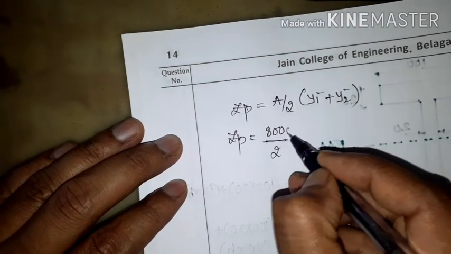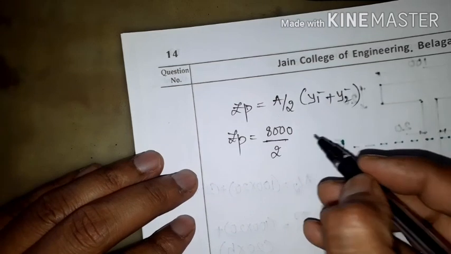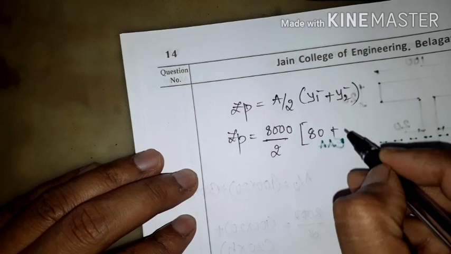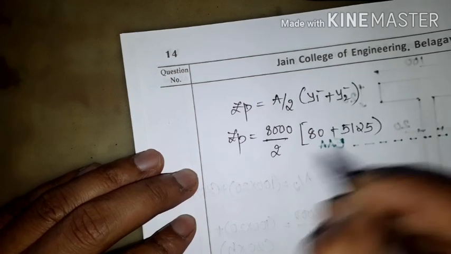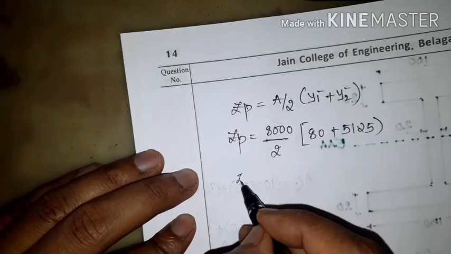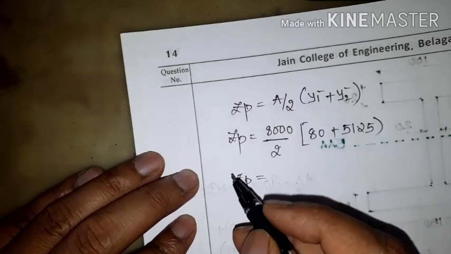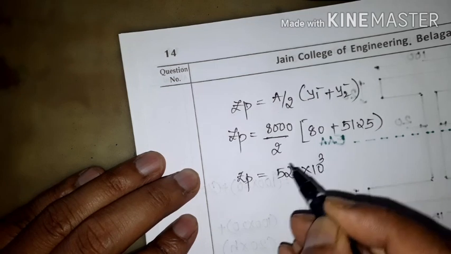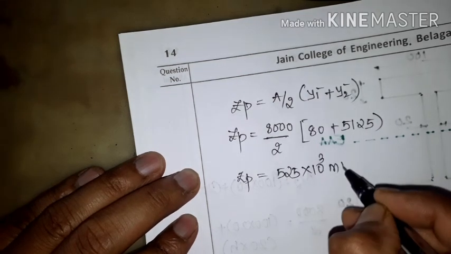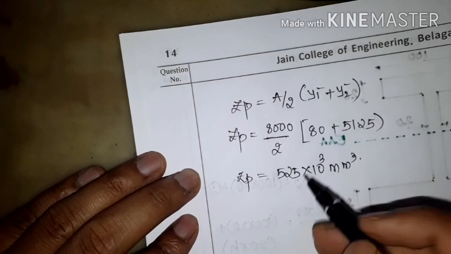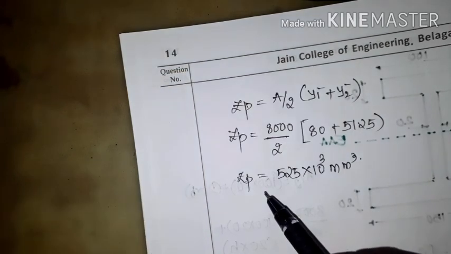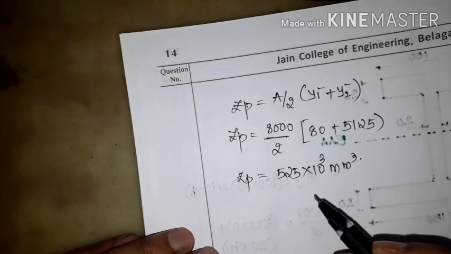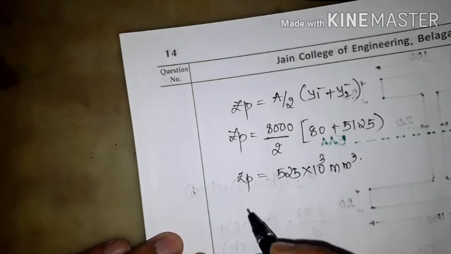I will write the formula here. The area is 8000 divided by 2, into bracket of y1 bar, which is 80, plus y2 bar, which is 51.25. So we will get the value of ZP as 525 into 10 raised to 3 mm cube.